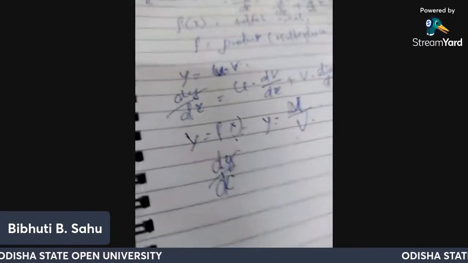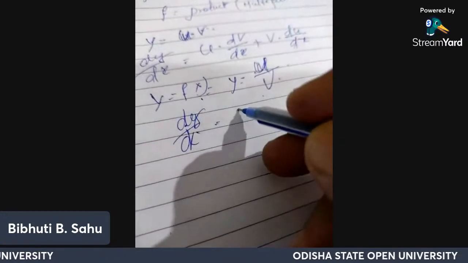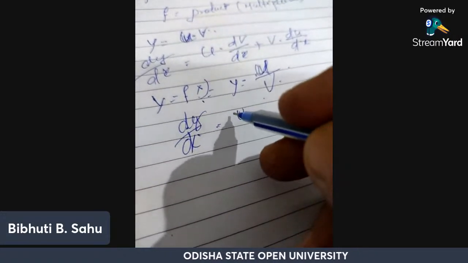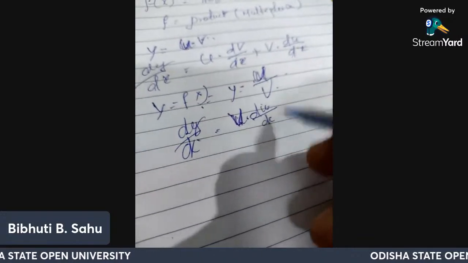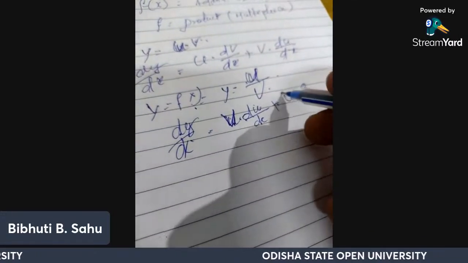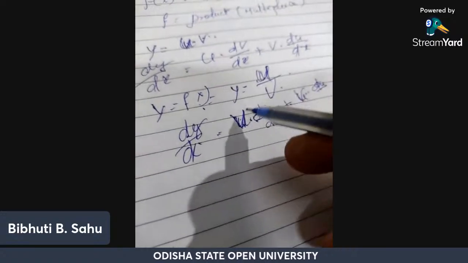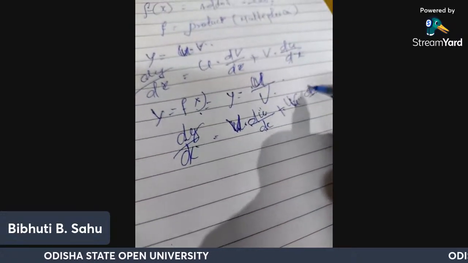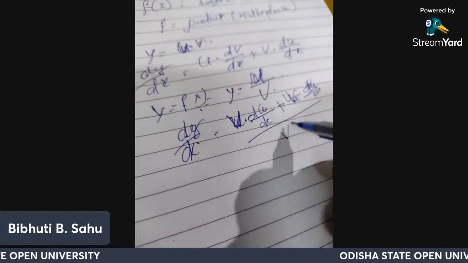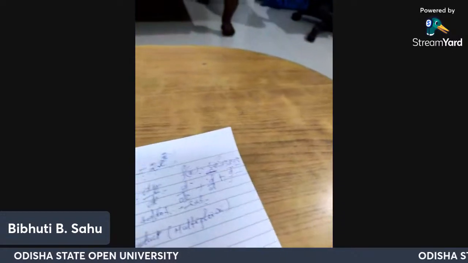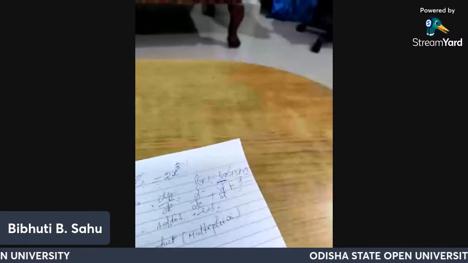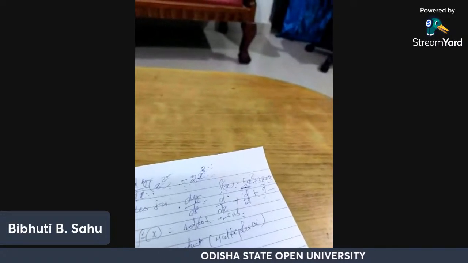The u and v are functions of x, then that is equal to (v du by dx minus u dv by dx) divided by v square. That is, when the expression or function is in the form of a quotient, then in that case we can find the derivative by using this formula.